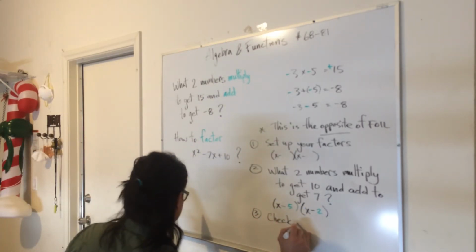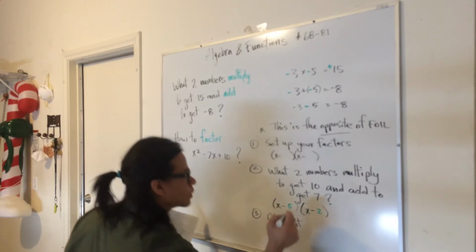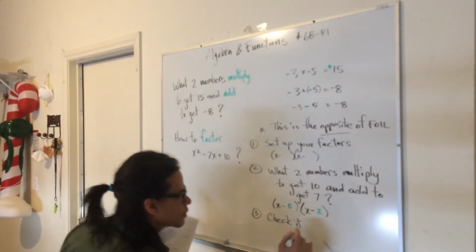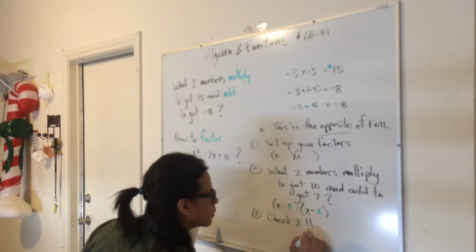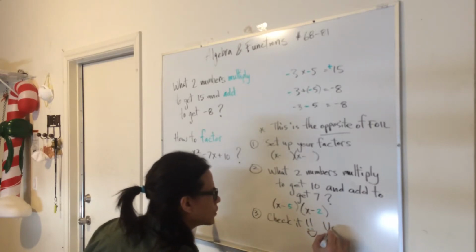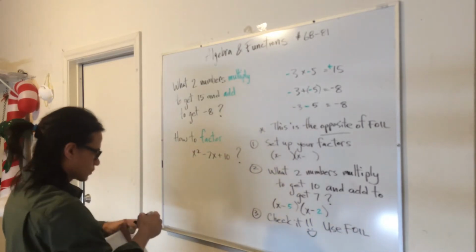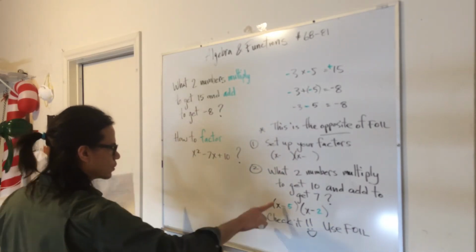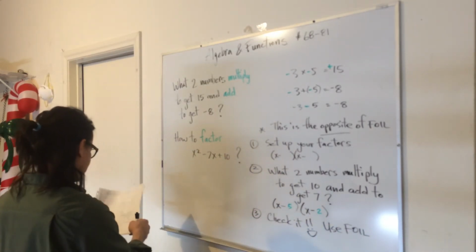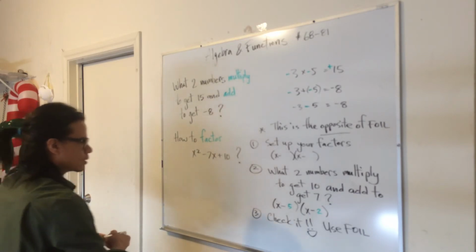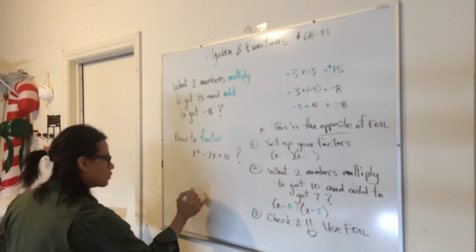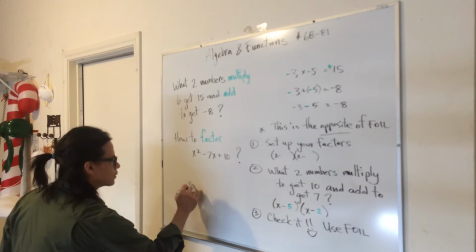Okay. So the opposite of FOIL is, of course, FOIL. So I'm going to use FOIL here. And that means we're going to take x times x. Just to review, this is what we mean by foiling here.